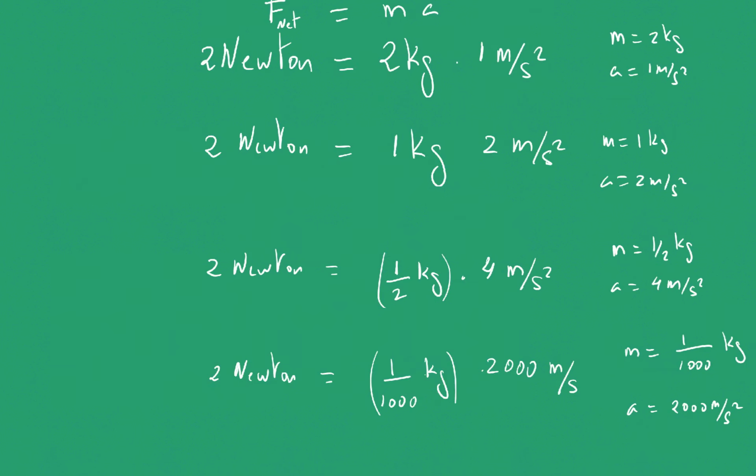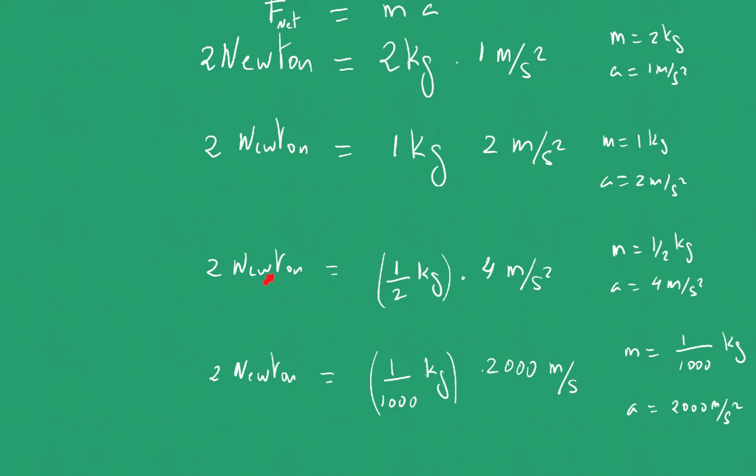Okay. 2 newtons, what will 2 newtons mean? 2 newtons will mean 2 kilograms producing an acceleration of 1 meter per second squared. But also 2 newtons can be seen as the force acting on a mass of 1 kilogram that produces a bigger acceleration of 2 meters per second squared.